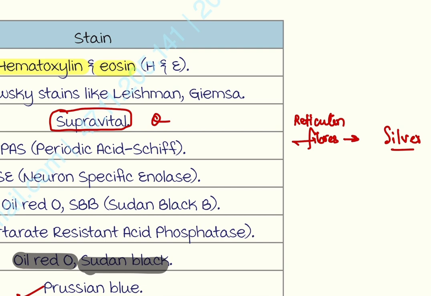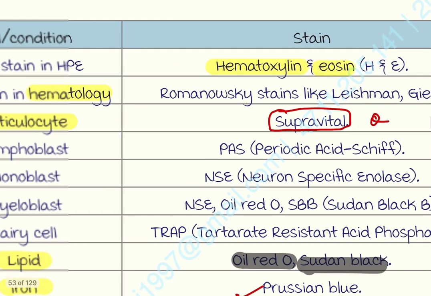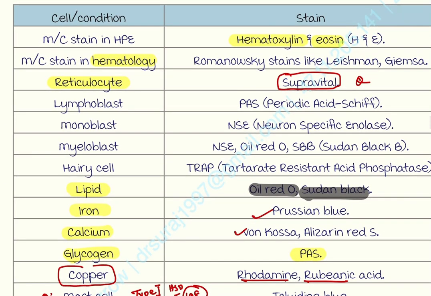What are the stains that are used for lymphoblast and myeloblast? For lymphoblast it is periodic acid Schiff. For myeloblast it is NSE, that is non-specific esterase. SBB, Sudan black, can also be used, but NSE you can remember.